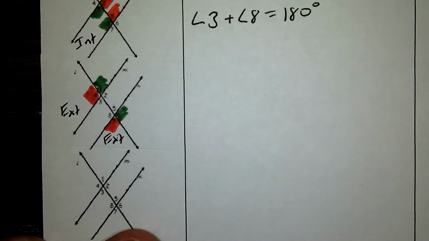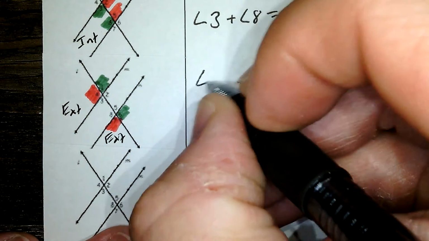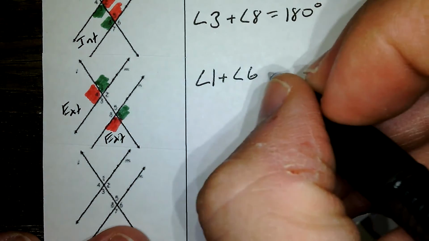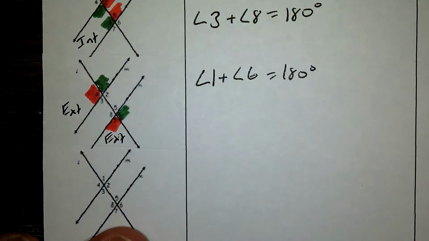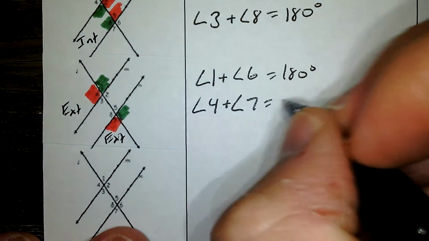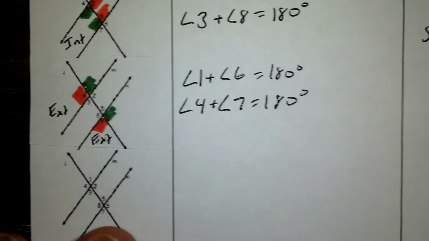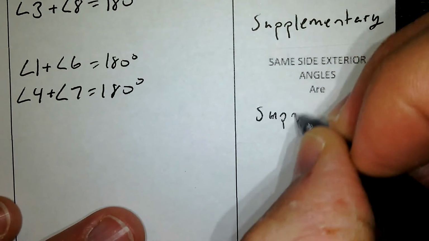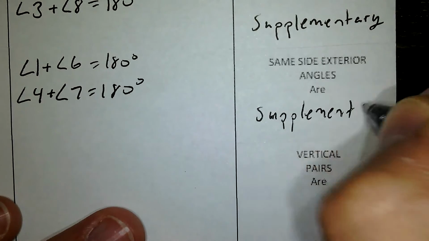And again, these are not congruent, but they are supplementary. If I take angle 1 and add it to angle 6, I would get 180 degrees. If I take angle 4 and add it to angle 7, I would also get 180 degrees, meaning these angles are supplementary.